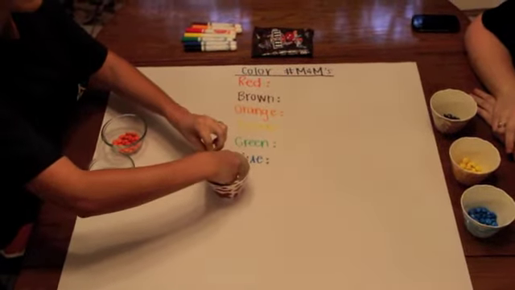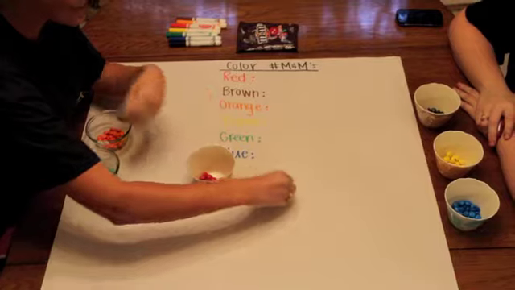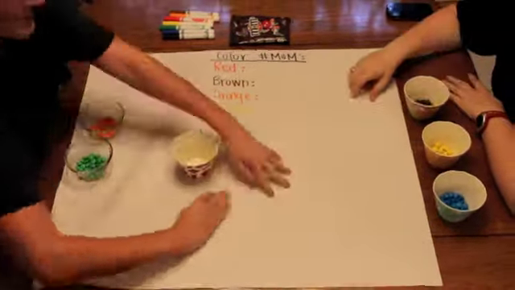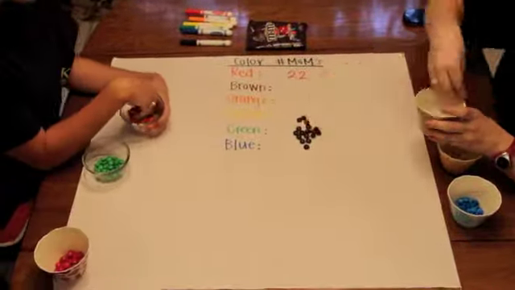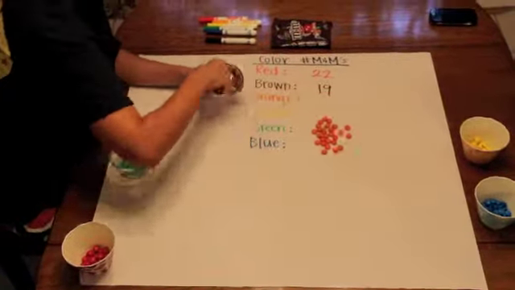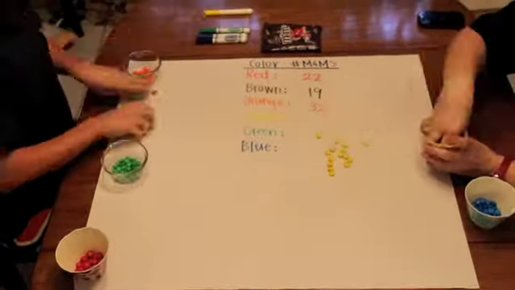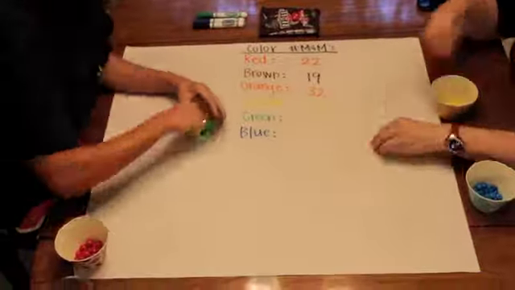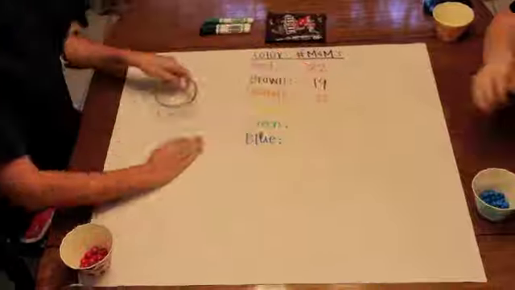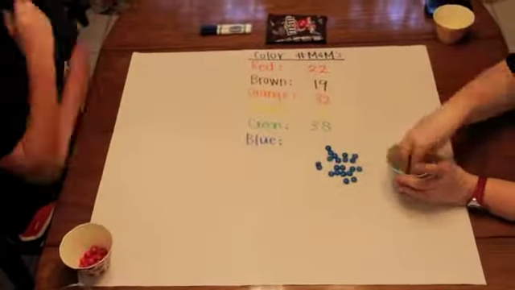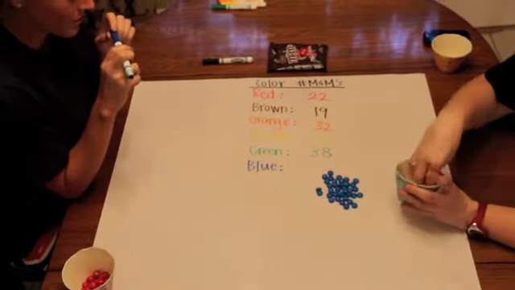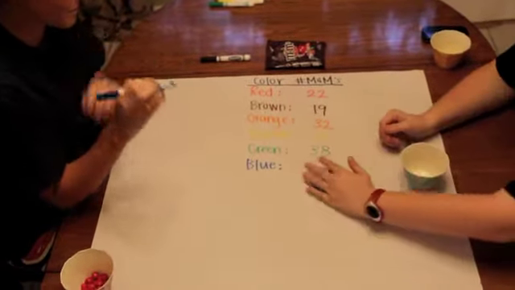We'll start with the red M&Ms. 1, 2, 3... 35, 36, 37, 38, 39.